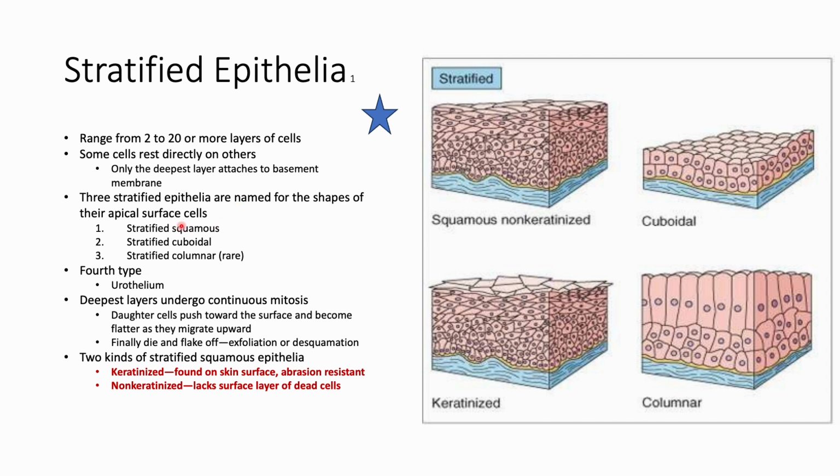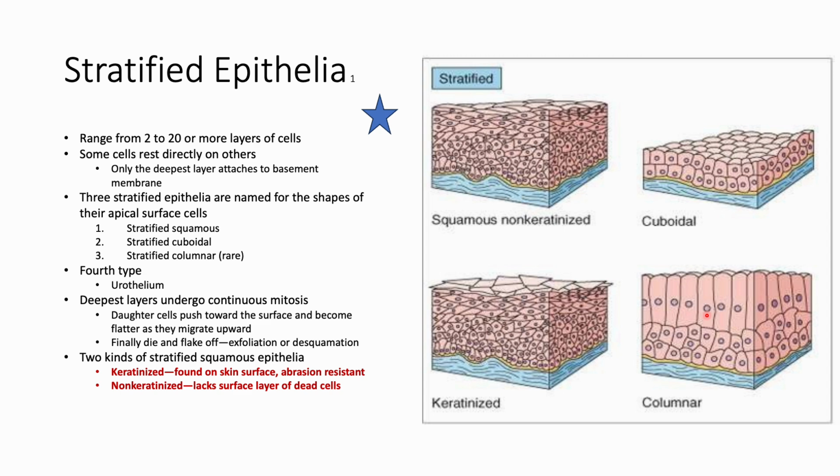We can have stratified squamous, stratified cuboidal, or stratified columnar. There's also a fourth type called urothelium, also called transitional epithelium, which we're going to talk about.